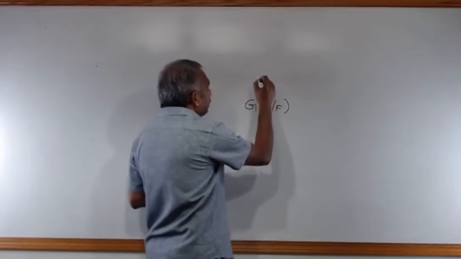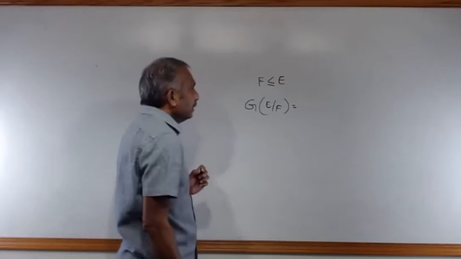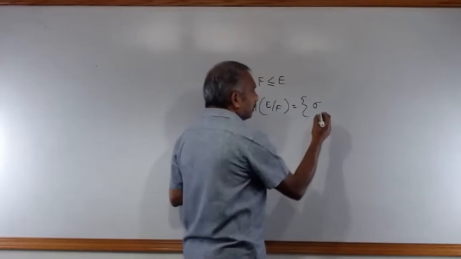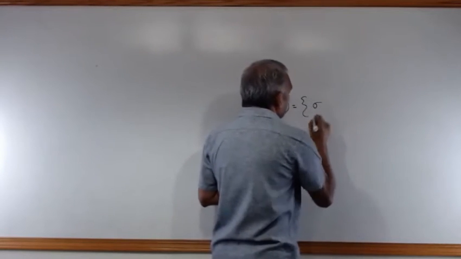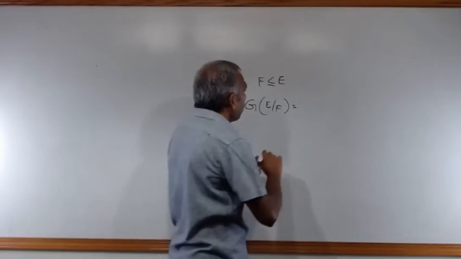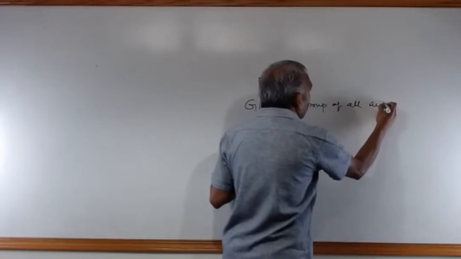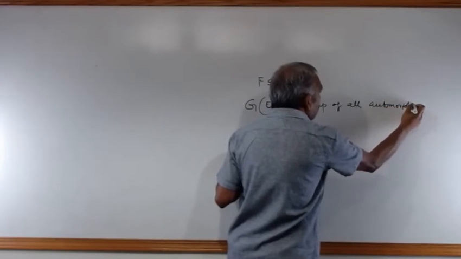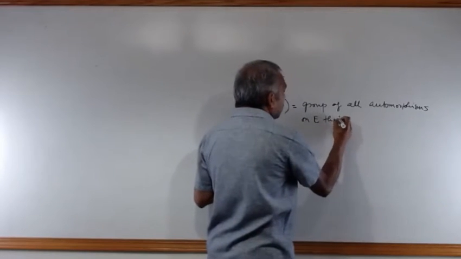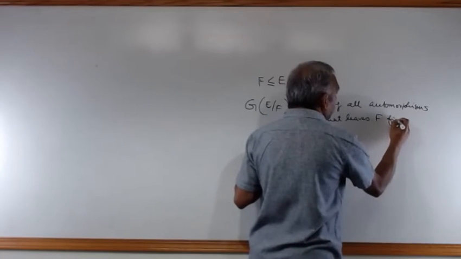If F is a subfield of E, the group of all automorphisms of E over F is equal to the group of all automorphisms on E that leaves F fixed.